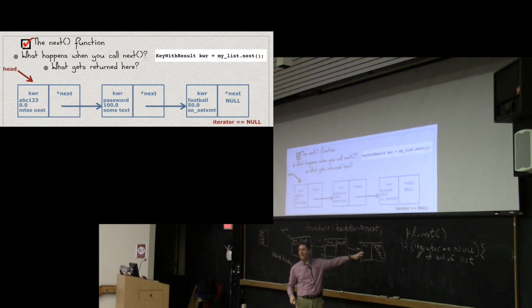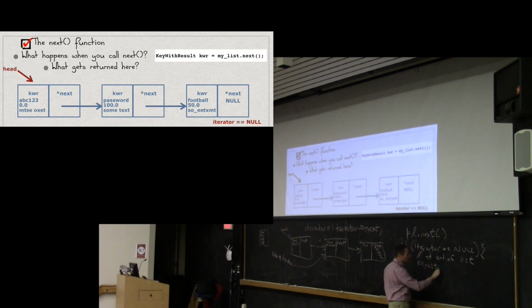But in this case, we're at the end of the list. So now, as Catherine said, if we're at the end of the list, we'd better return a sentinel. We better create that sentinel. KeyWithResult at end. At end dot word percentage, I'm abbreviating, gets -1.